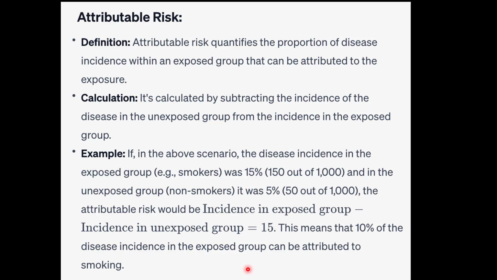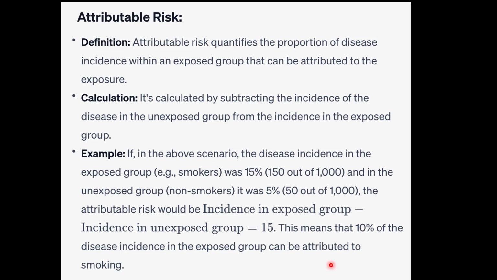This means that 10% of the disease incidence in the exposed group can be attributed to smoking, because here 15% and here 5%. So if I subtract the background chance from the exposure, the exposure is responsible for about 10% of the outcome, and this is why the attributable risk is more beneficial than the absolute risk. Why?